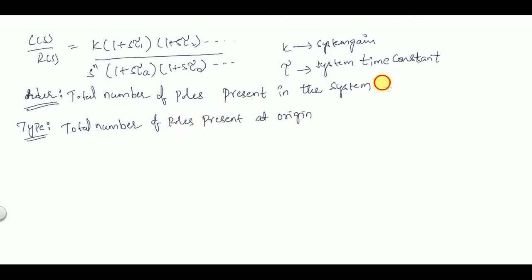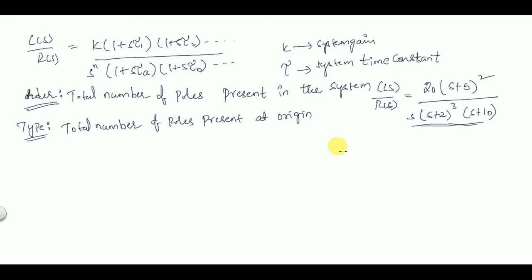Suppose you take an example, c of s by r of s. I am taking a transfer function, which you can take either in time constant form or in pole zero form. I am taking pole zero form: 20 into (s plus 5) whole square divided by s into (s plus 2) whole cube into (s plus 10). The values that make the denominator 0 give the characteristic equation and the poles.